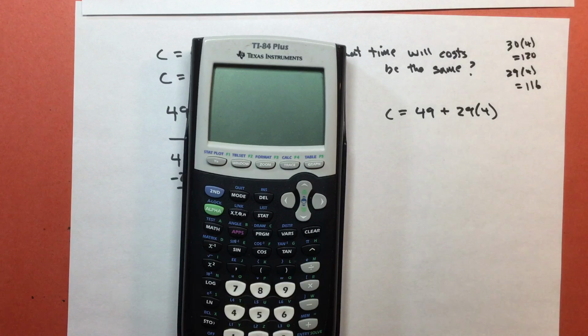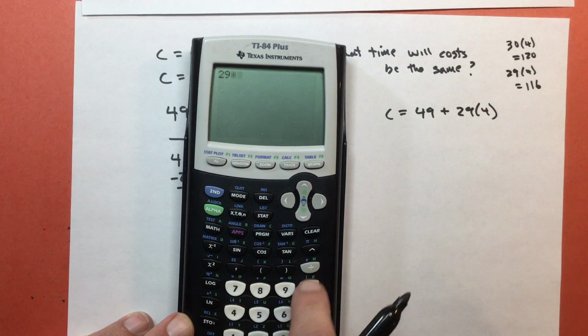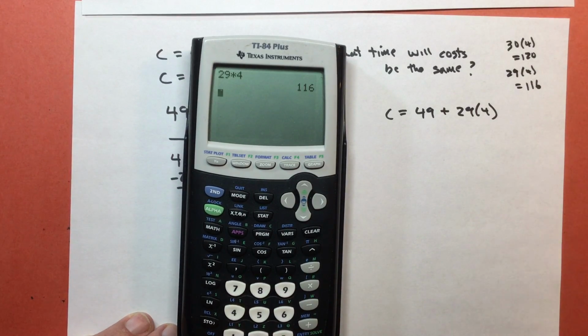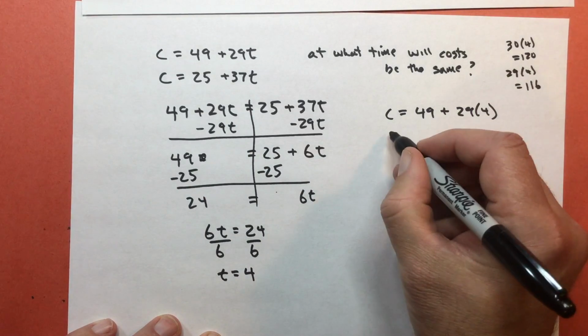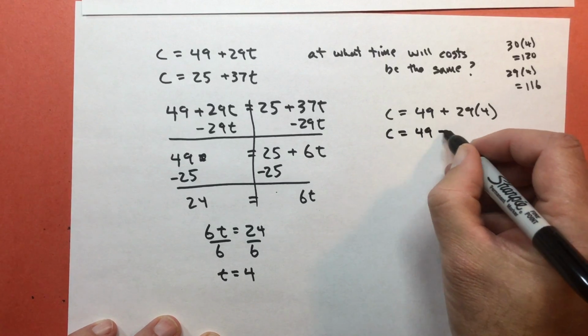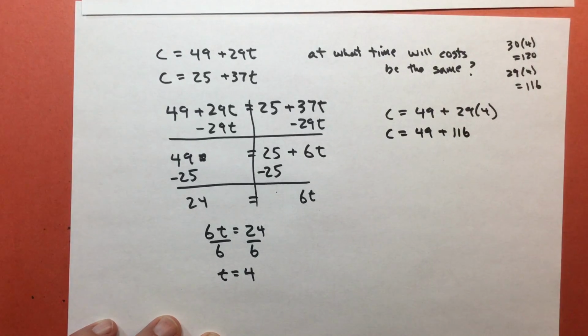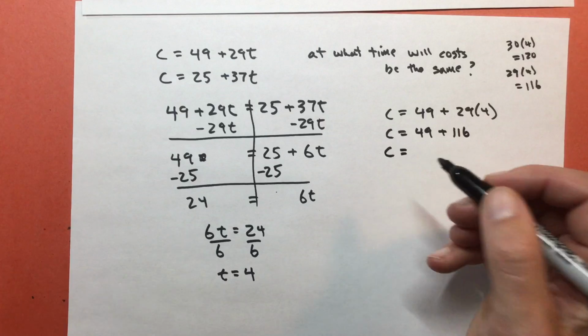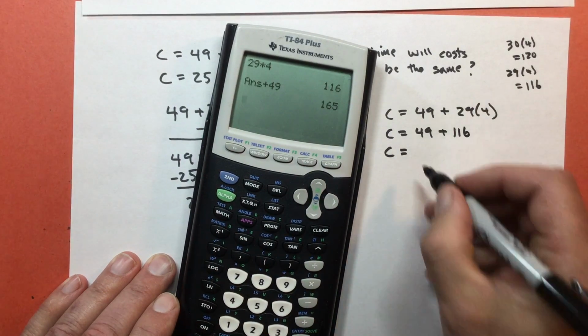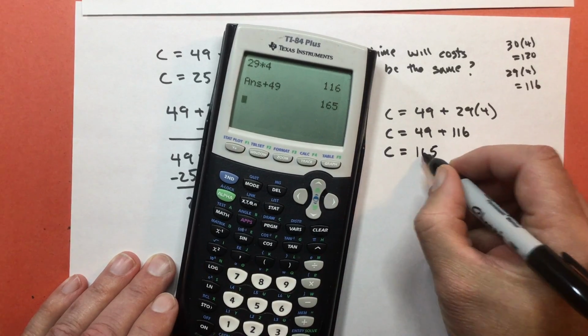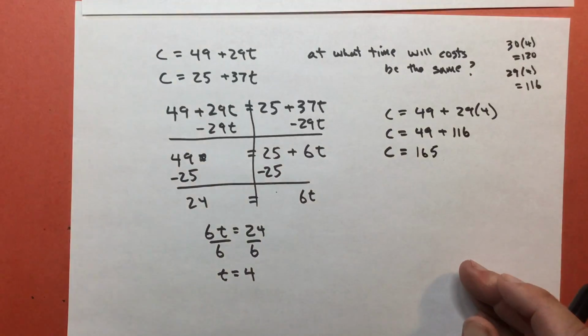But I'm also okay if you grab a calculator. 29 times 4 equals 116. And 49 plus 116, you get $165. So at 4 months, it's going to be $165.